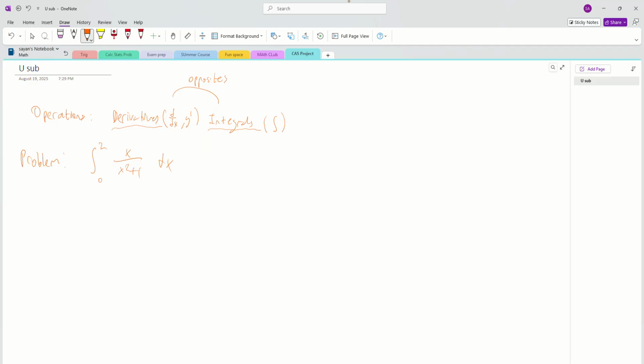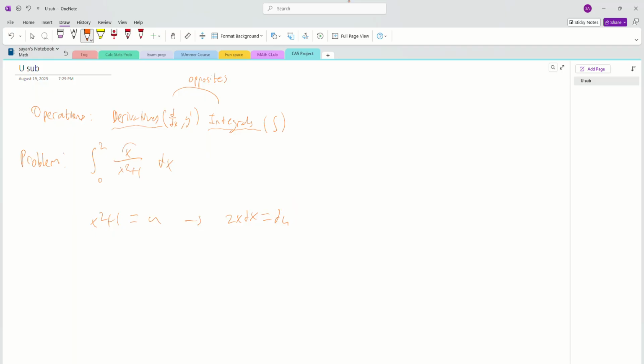So let's start. I have x squared plus 1 here. I know the derivative of x squared plus 1. So I'm going to set this equal to u, because I don't really know how to deal with something like this right now. Now, we are in luck because 2x is the derivative of x squared plus 1. You'll notice I'm saying that 2x dx is equal to du.